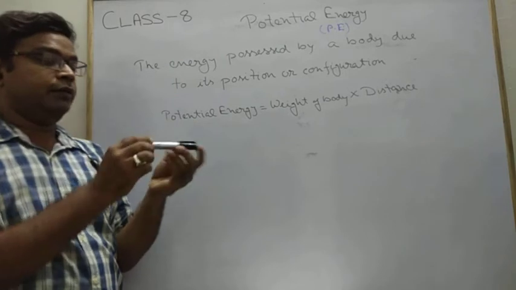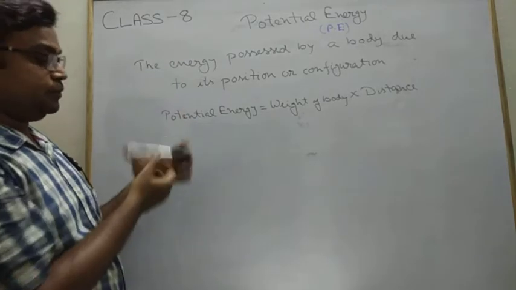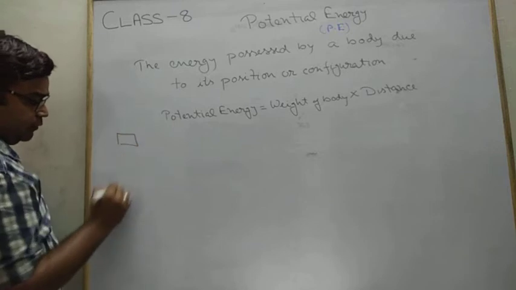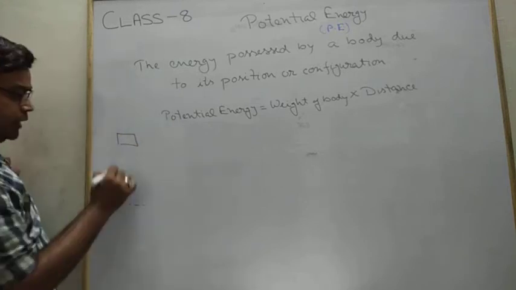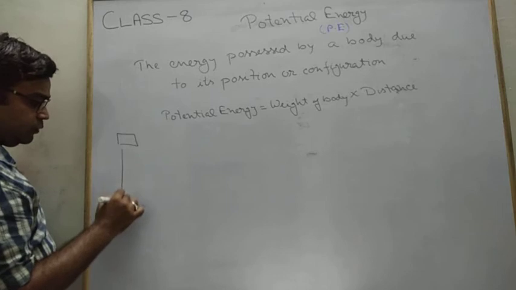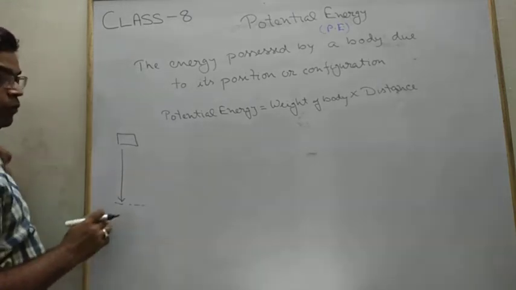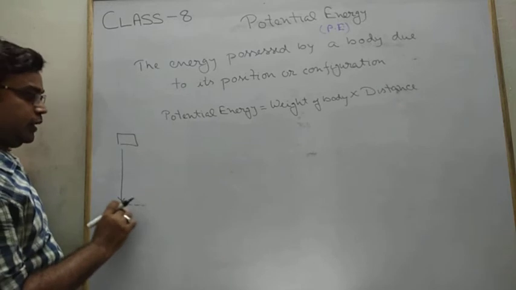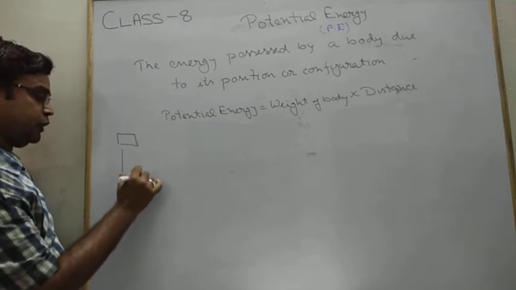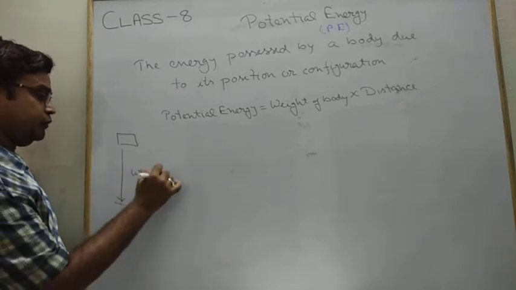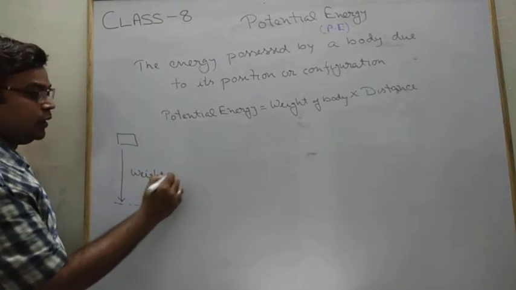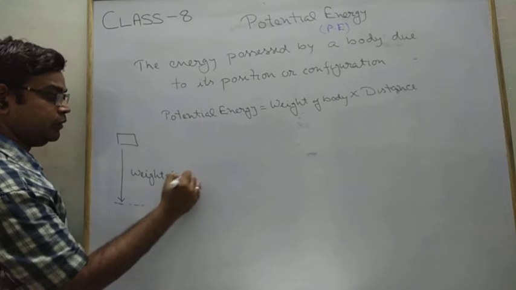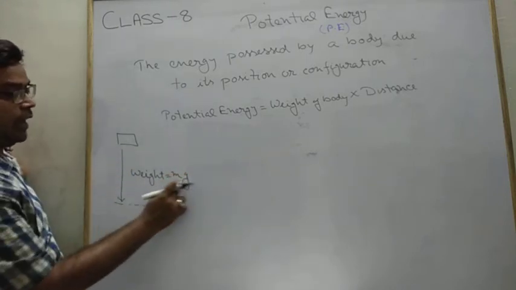When I apply a force and raise a body in the upward direction, there is a gravitational pull between the body and the surface. This gravitational pull is known as your weight, and as we know, weight is the product of mass m and acceleration due to gravity, g, that is mg.